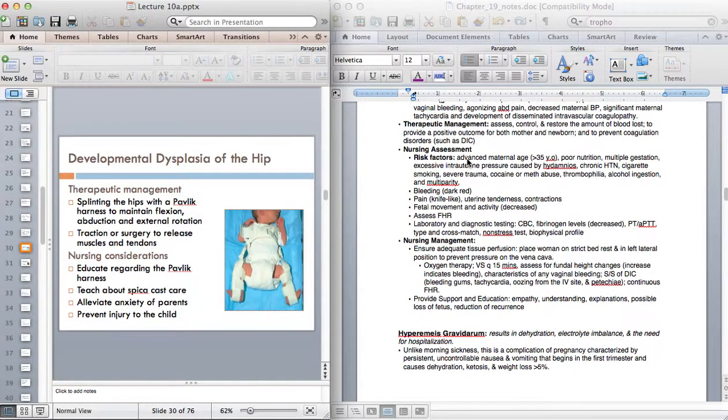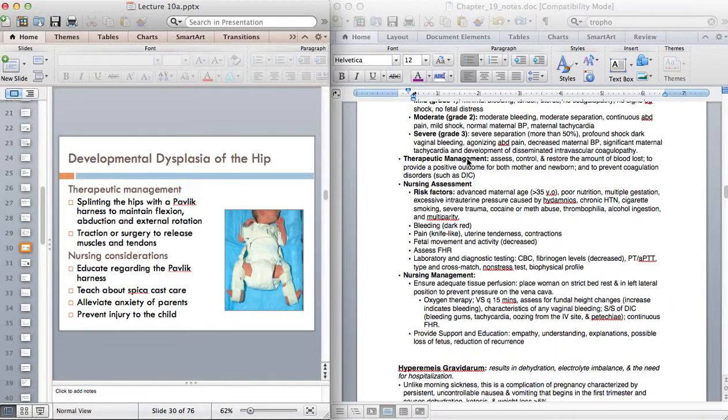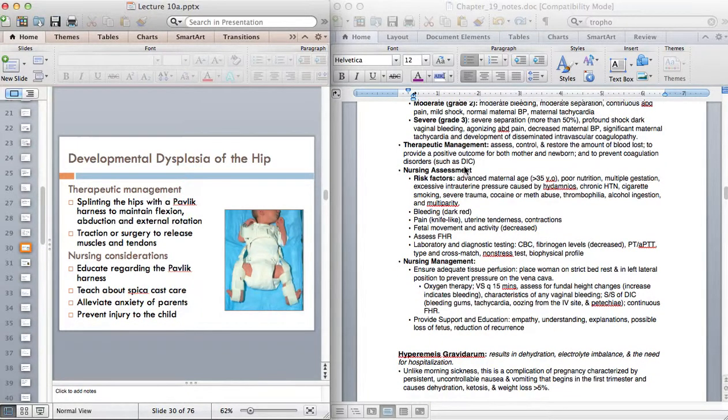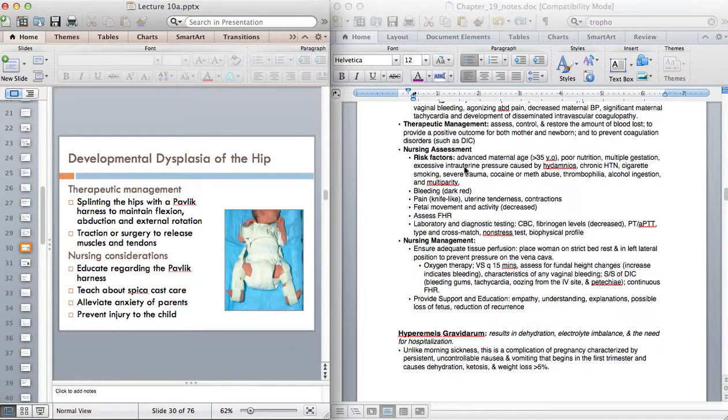Initially they will do that, okay? But putting this child in, that's where you would call that child... Again, if that harness is not used, or for an older child, they can use the cast as well to form a hip spica, meaning that they will put the cast in such a way that it looks like a pant for the child.